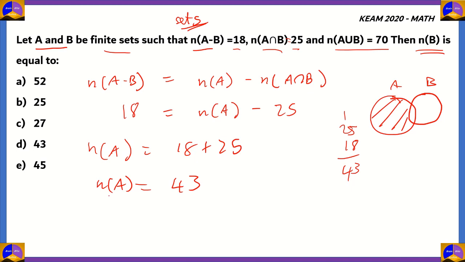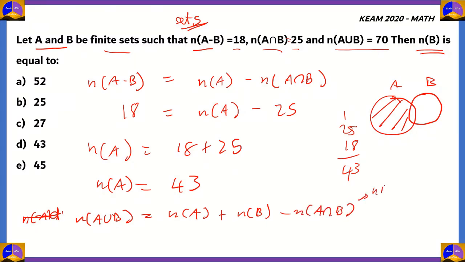Now, since we know that n of A equals 43, we are going to use this value for finding out n of B. So n of A union B will be equal to n of A plus n of B minus n of A intersection B. Therefore, you'll get n of B as equal to n of A union B plus n of A intersection B minus n of A. So n of B is 70 plus 25 minus n of A, which is 43.